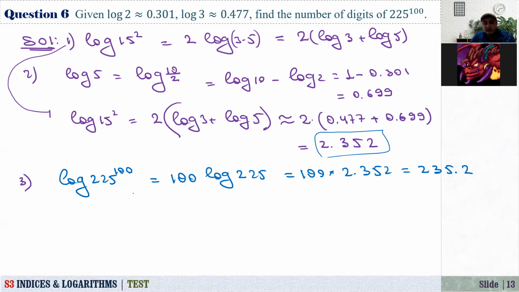So that means that that thing is greater than 10 to the power of 235, which means that this 225 to the power of 100 is a 236 digits number.